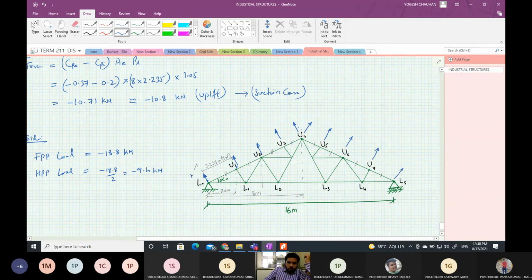So this is half panel point, this is full panel point, this is full panel point, this is full panel point, this is half panel point, and so on, and this will be half panel point.